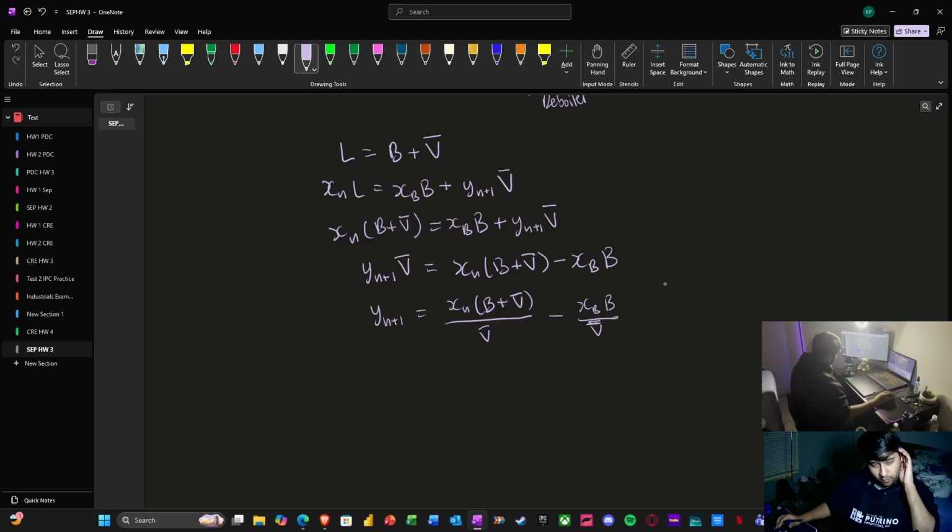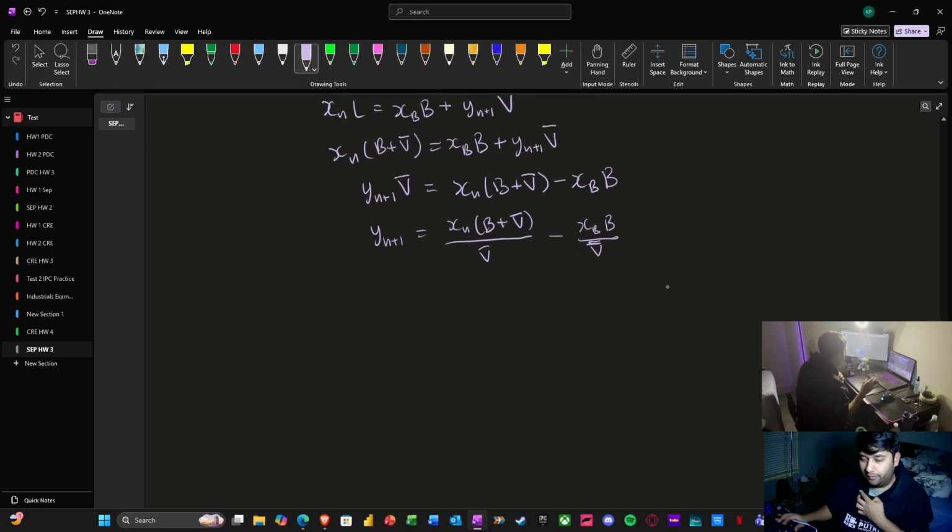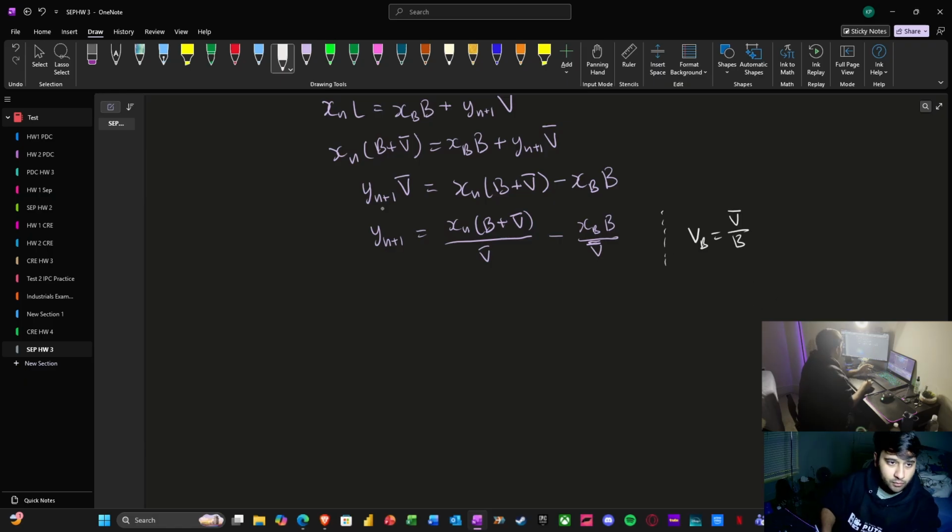So like before, for reflux, we were able to use a fraction to cut down our equation. This time we're going to do something similar. What we're going to use is VB, which is our V bar over our B. So we're going to multiply everything by 1 over B.